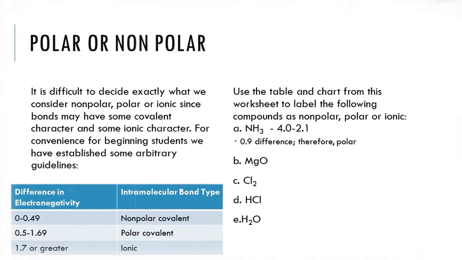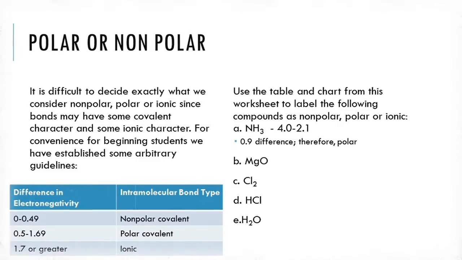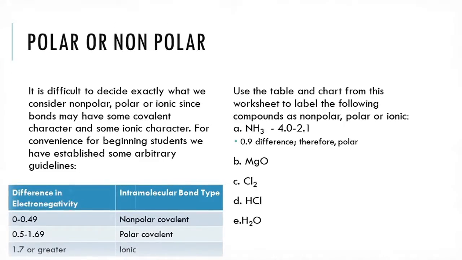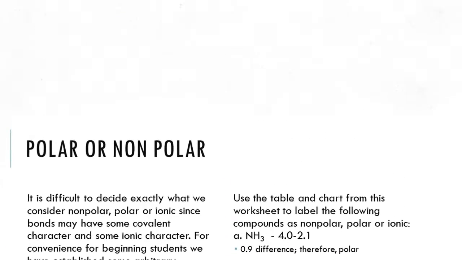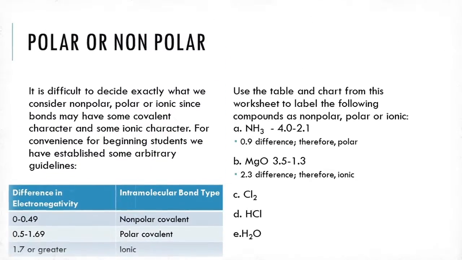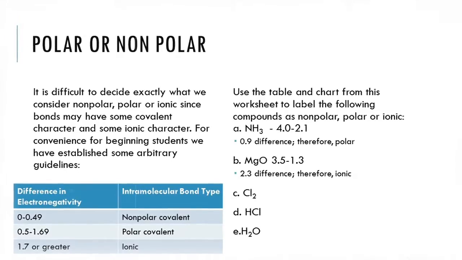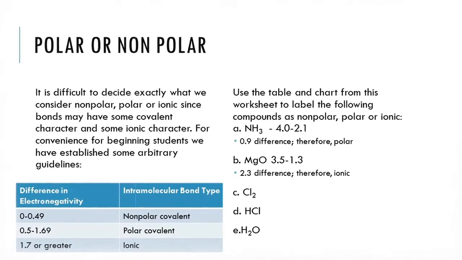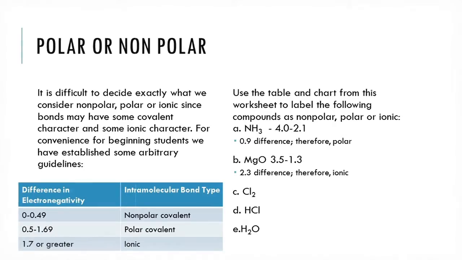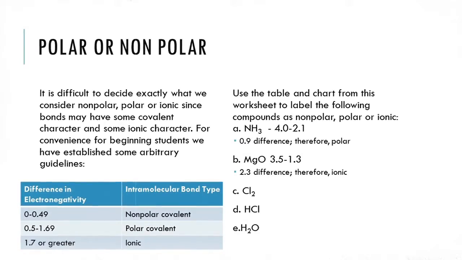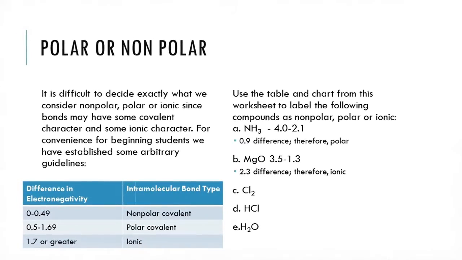If I look on my table, I find that for a difference of 0.9, I end up with a polar covalent bond. For MgO, magnesium oxide, I find my two electronegativities are 3.5 and 1.3. When I subtract, I get a difference of 2.2, which is greater than 1.7, so I have an ionic bond.